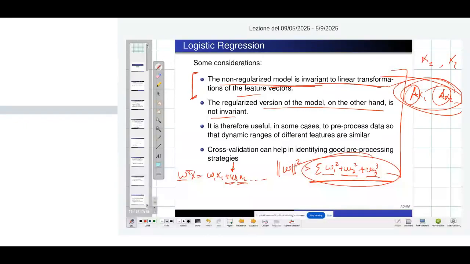Essentially, if I multiply, for example, the second component of my vector x by 10, that means that an equivalent solution to the one that I had with the original points will have, to give the same solution, the second component of vector w scaled by 1/10.